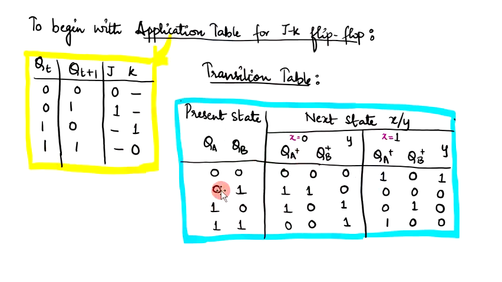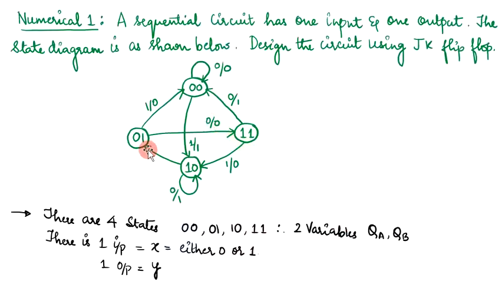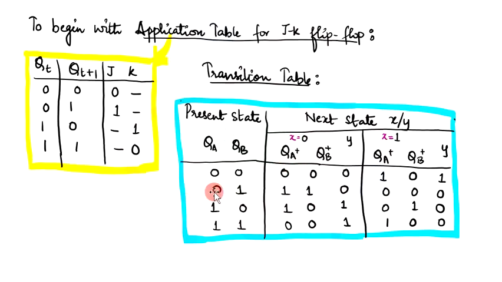Let me take another example. Say you are at 01, and the input is 0, output is 0, you make a transition to 11. So from 01, the next state would be 11 and the output is 0.